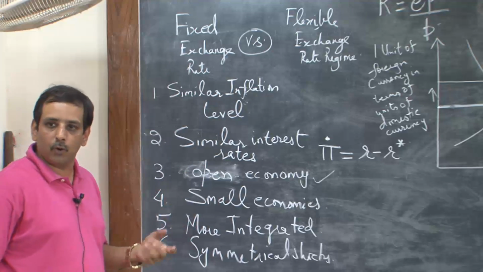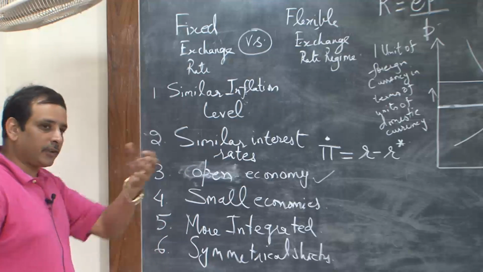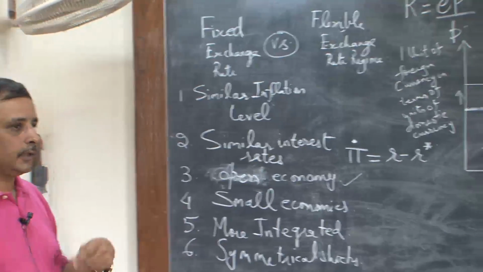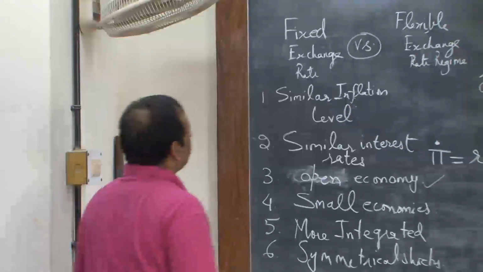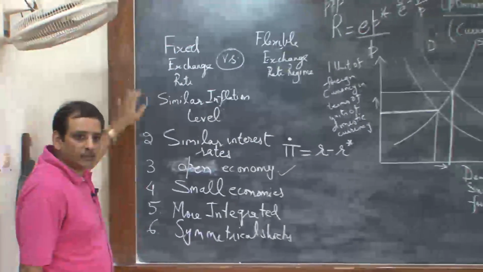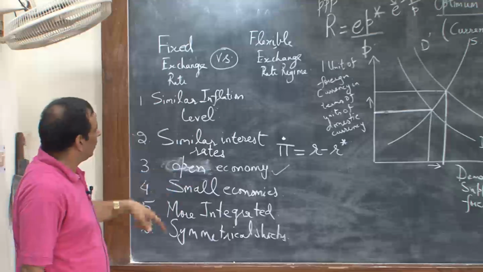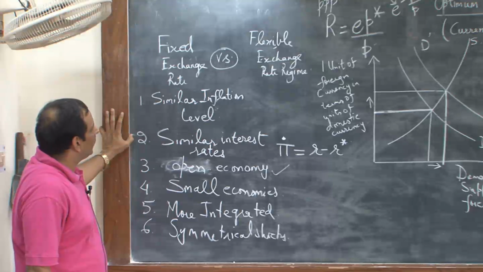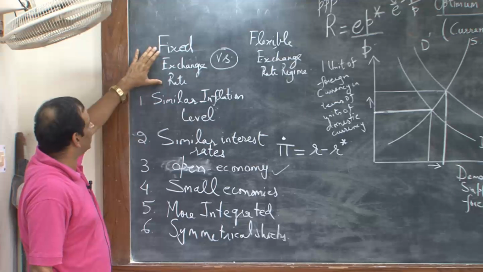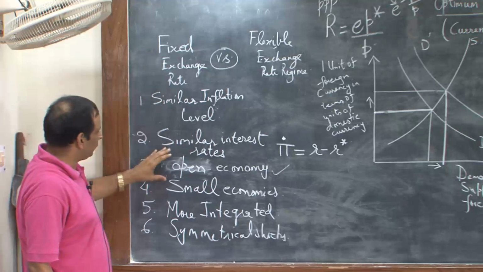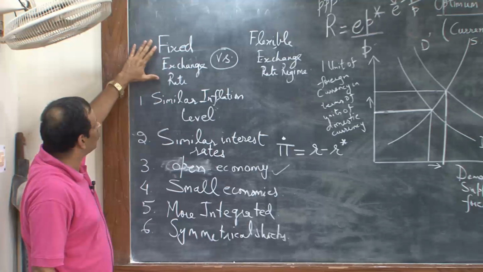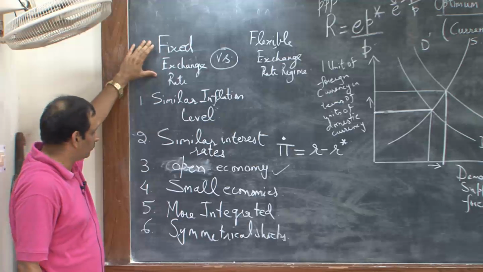If you are more open, then your trade to GDP is on the higher side, and if it's a flexible exchange rate, then you tend to lose. So for an open economy, you should go for the fixed exchange rate.